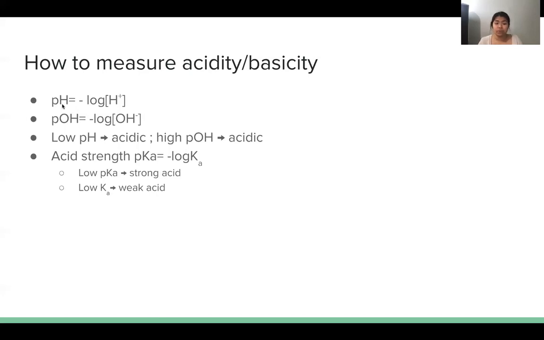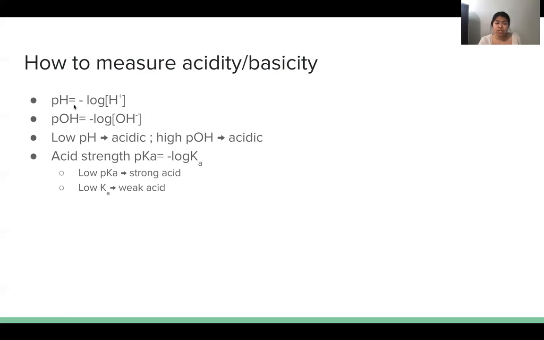pH, if you look at the equation, pH is equal to what? Negative log of the concentration of H protons in solution, in your aqueous solution. And pOH is equal to the negative log of OH in solution. So why is it important, and what's the difference between pH and pOH?